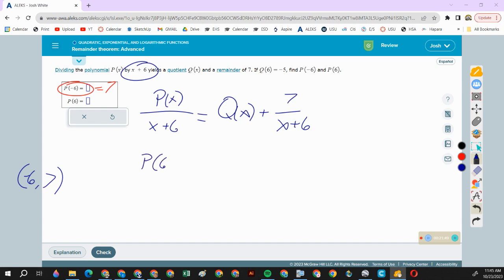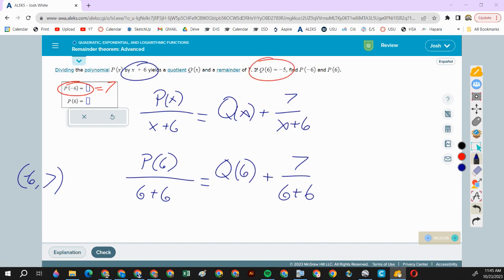So p of 6 over 6 plus 6 is equal to q of 6 plus 7 over 6 plus 6. But what is q of 6? It's listed up here as negative 5. And then I just solve for p of 6.